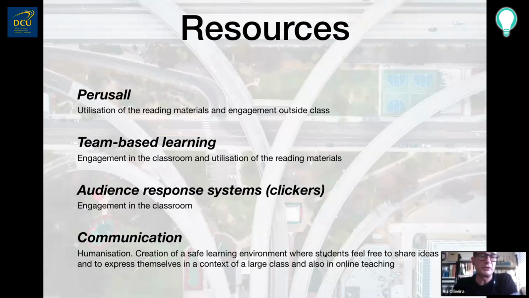So based on these challenges, I selected several resources to address them. The first one is the Perusal platform for the utilization of the reading material and the engagement of students outside the class. Team-based learning for students' engagement in the classroom and utilization of reading materials.